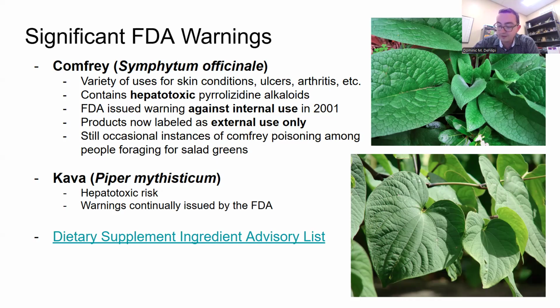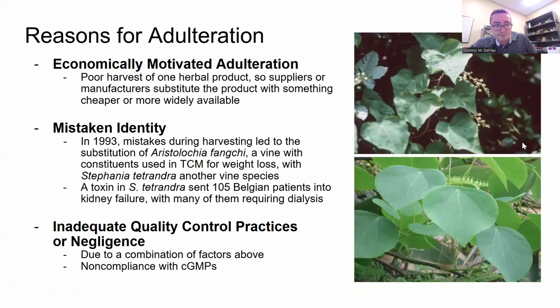Although there is a hepatotoxic risk that is associated with supplements which are very, very highly concentrated, drinking regular kava juice in Hawaii is not going to send you into liver failure if it is properly prepared. However, warnings are continually issued by the FDA. And indeed, you can look up on the FDA's website the dietary supplement ingredient advisory list.